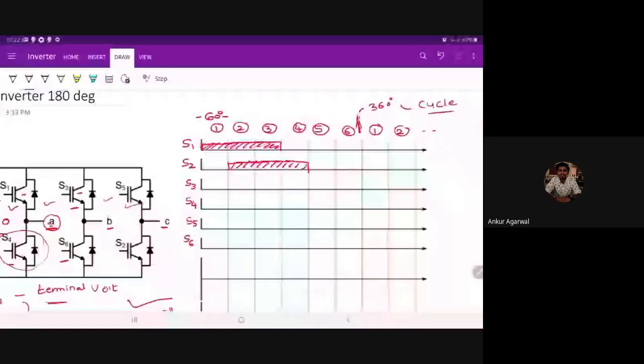So this is S2, and similarly this is S3, this is S4, and it goes to the next cycle, and this is S6.